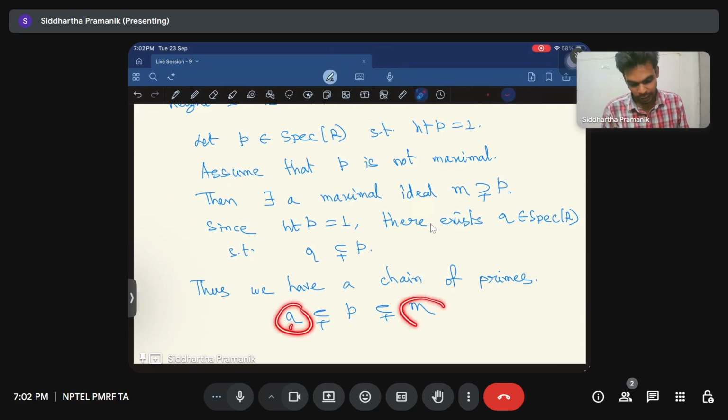Since all these three are primes, and in between Q and M we have one prime, so then we have infinitely many prime ideals.